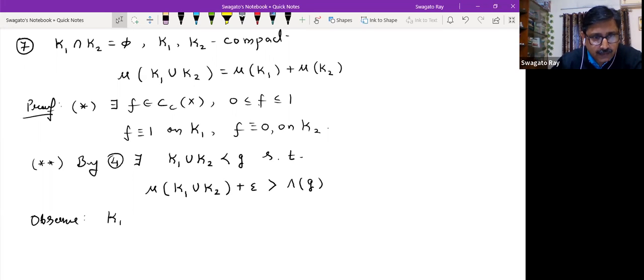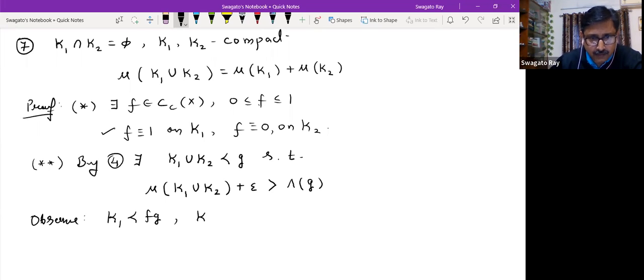K1, I say, is satisfying this. That's obvious, because f is identically equal to 1 on K1, given here. g is identically equal to 1 on K1 and K2 both. So f times g is identically equal to 1 on K1. And of course, it is between 0 and 1 and compactly supported.